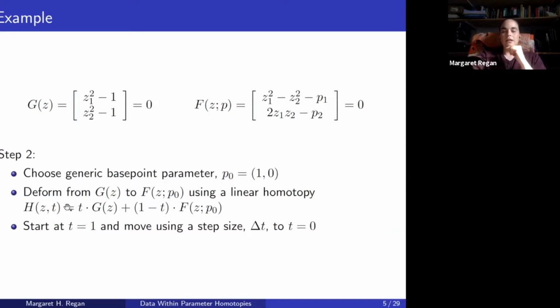And so we do this using a path variable T, and some conventions are to move from T equals 0 to T equals 1. But our convention in the Bertini group, where Bertini is a software that performs the homotopy continuation, among other things, is to start at T equals 1 and to move by using a step size to T equals 0. So we track along the path in that direction.